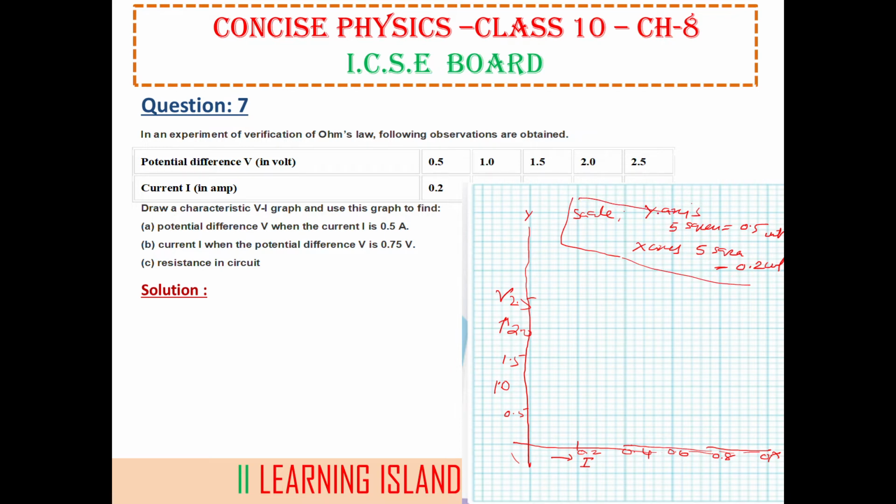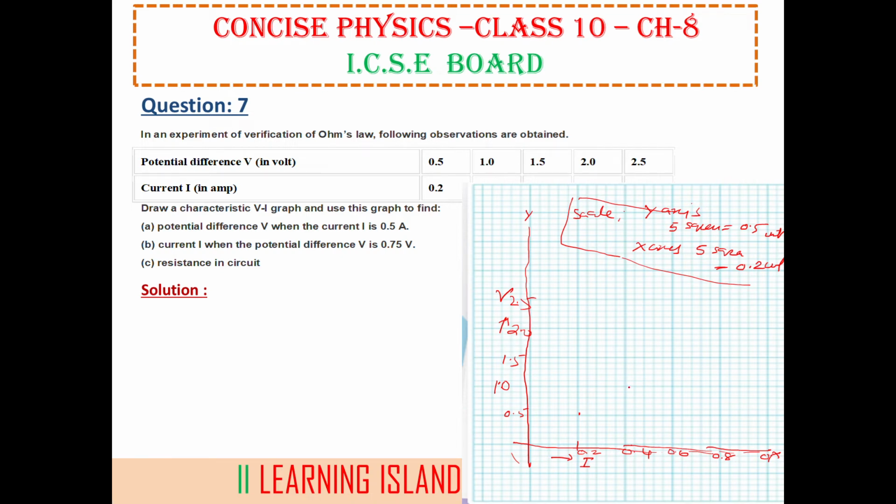Okay, so now let us draw this graph. How do you draw this graph? When the current is 0.2, the voltage is 0.5. So this point will be here.